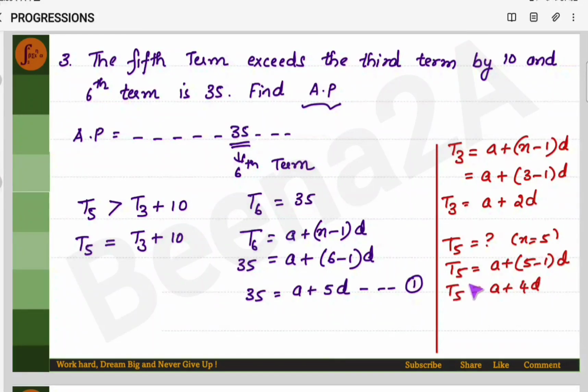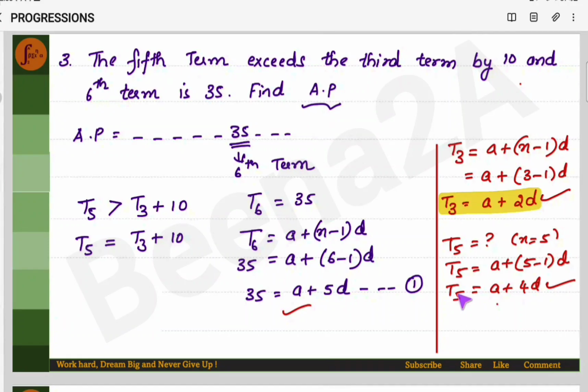See, we found the third term, we found the fifth term, and we have the sixth term. So we have used all the terms given in the question. We have to always use whatever is given in the question. Now we have three equations.